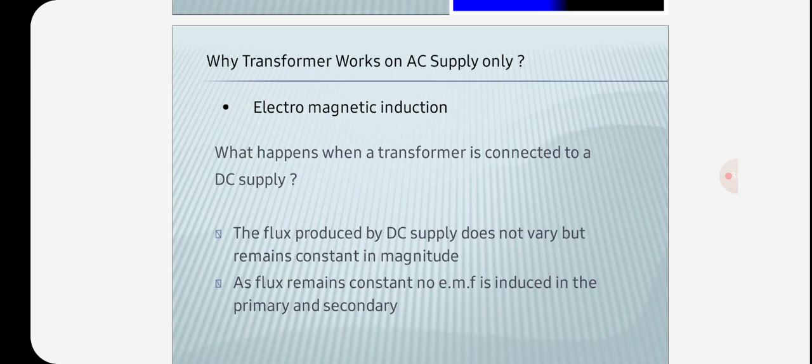Therefore, no back EMF or self-induced EMF is induced in the primary winding. Hence, there is no opposition to the applied voltage. Moreover, the transformer primary has low resistance. So, the primary winding will draw excessive current from the supply, which may result in the burning out of the primary winding. Due to this reason, a transformer should never be connected to a DC supply.